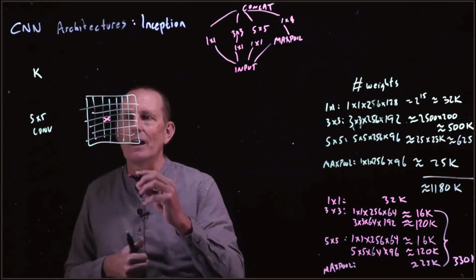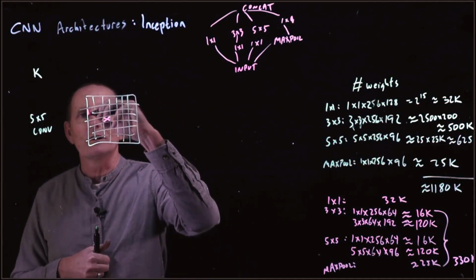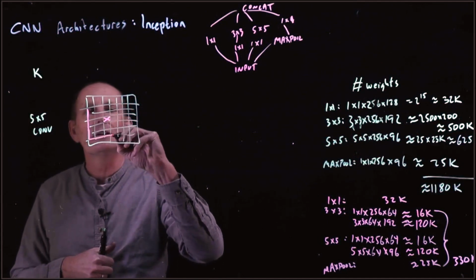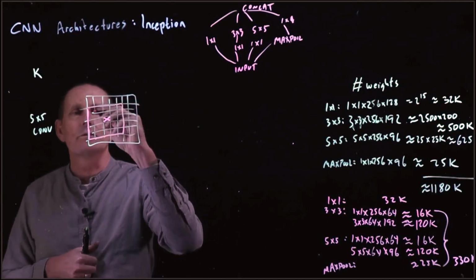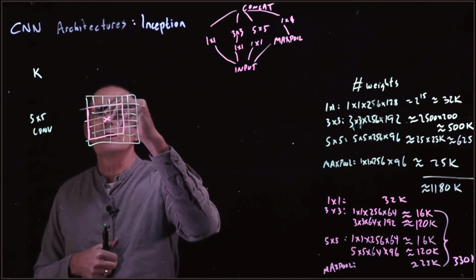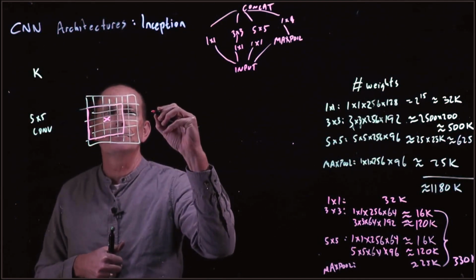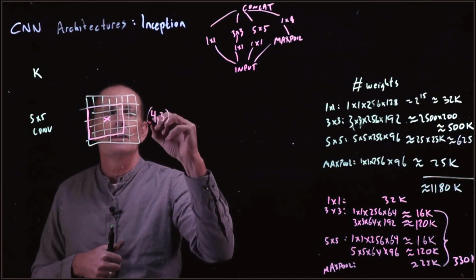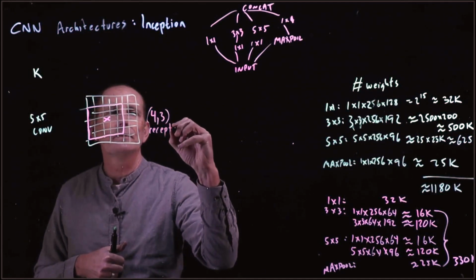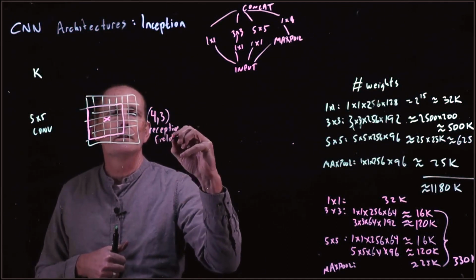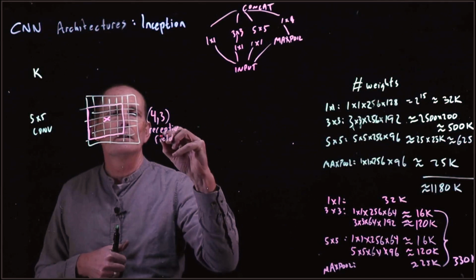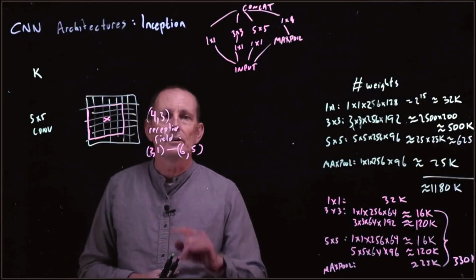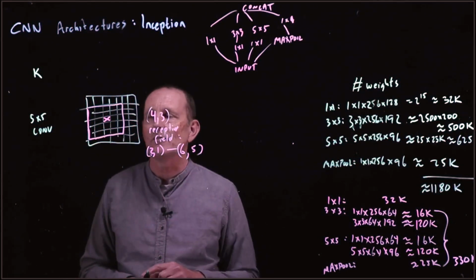And it's basically a big 5 by 5 area around it, right? So we've got these values that are the receptive field. So if this is 4, 3, then the receptive field is 2, 1, all the way to 6, 5. So our receptive field is 2, 1, all the way to 6, 5.